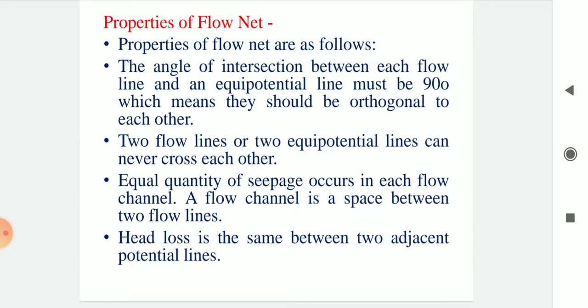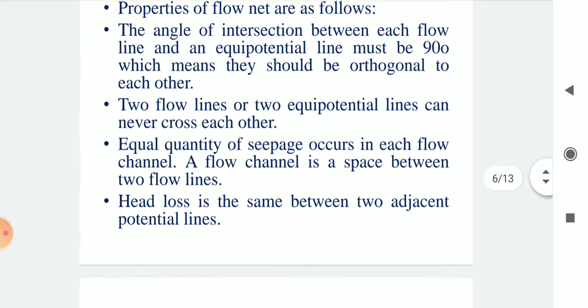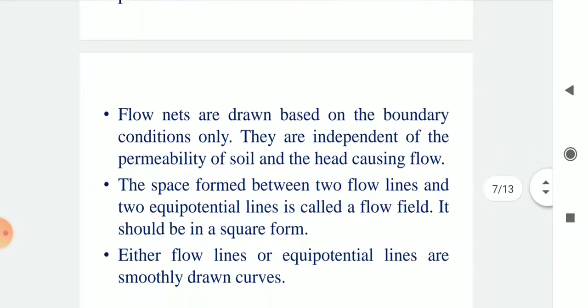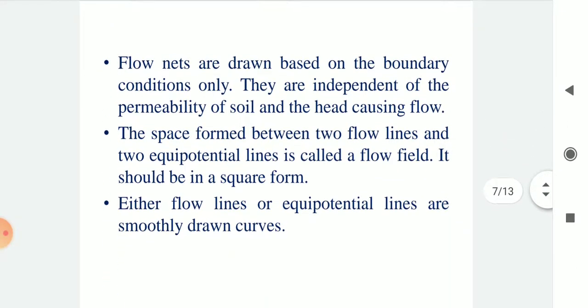Third, equal quantity of seepage occurs in each flow channel. A flow channel is a space between two flow lines. Head loss is the same between two adjacent equipotential lines. Next, flow nets are drawn based on the boundary conditions only. They are independent of the permeability of soil and the head causing flow.